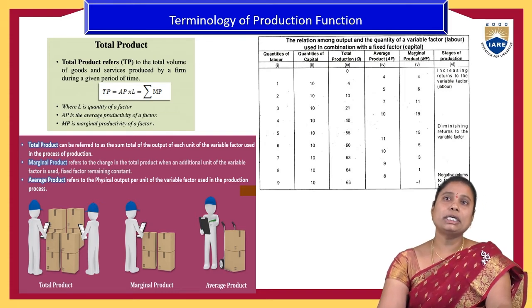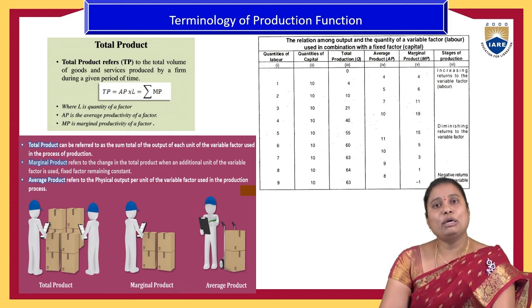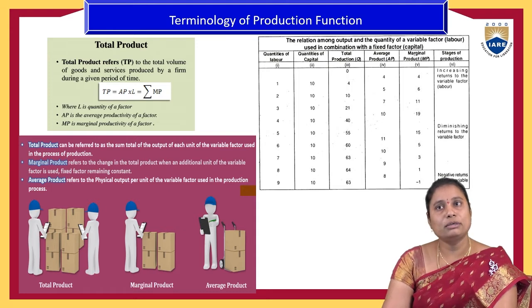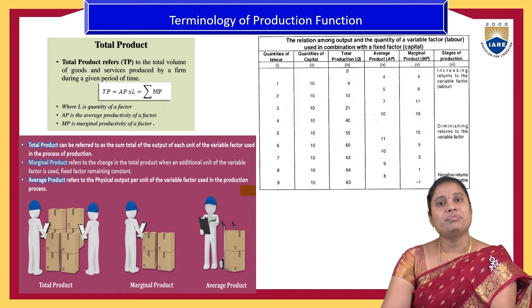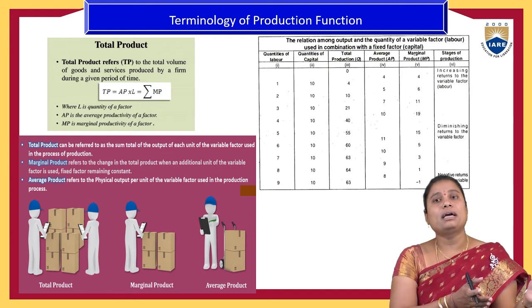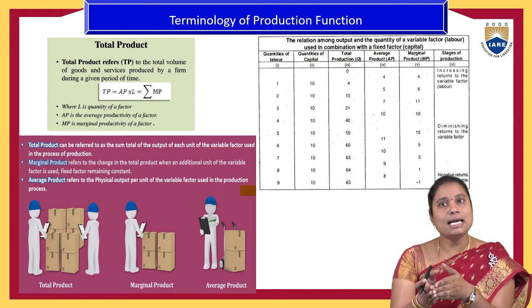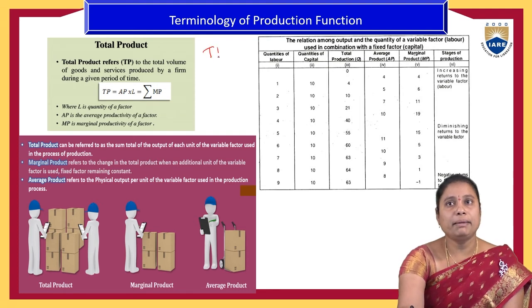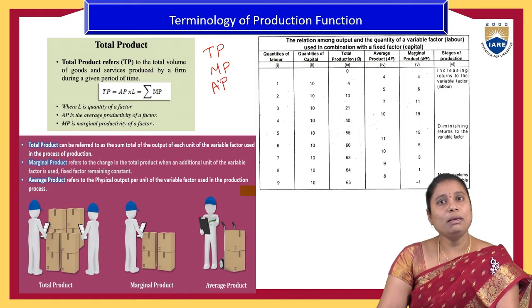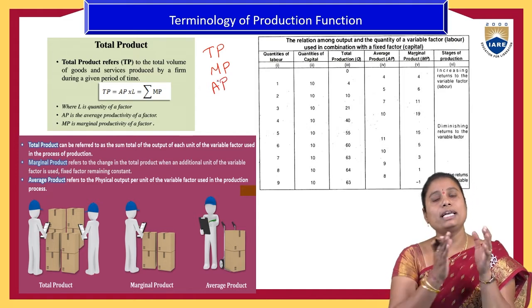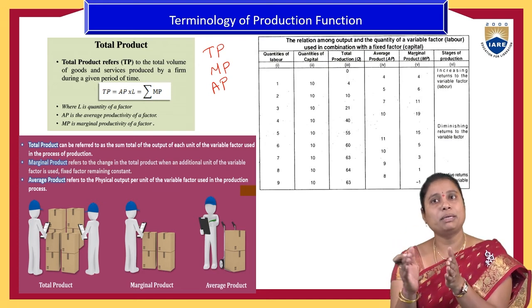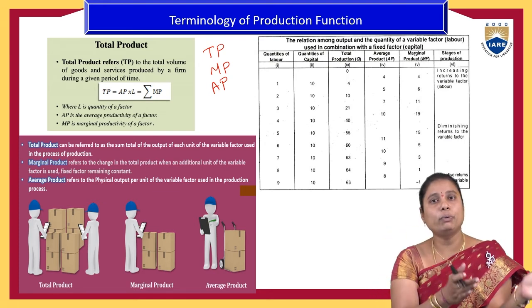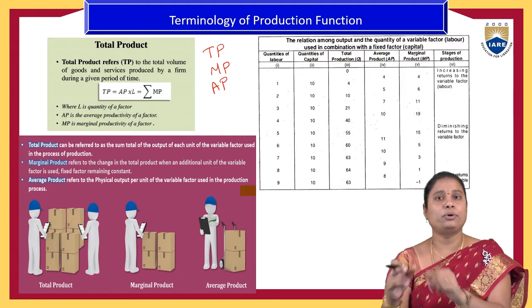Let's discuss the basic terminology used in the production function, that is the total product, marginal product and average product. These are denoted with TP, MP and AP. The total product means the total number of products produced in a particular time period with the given inputs by the producer.